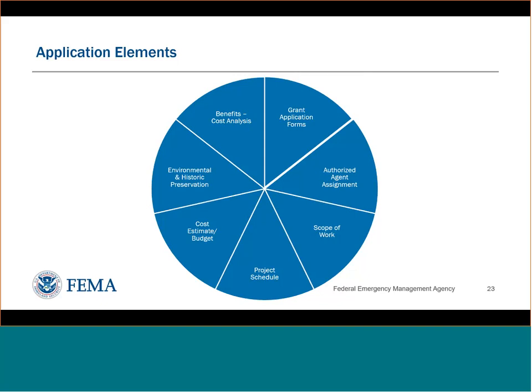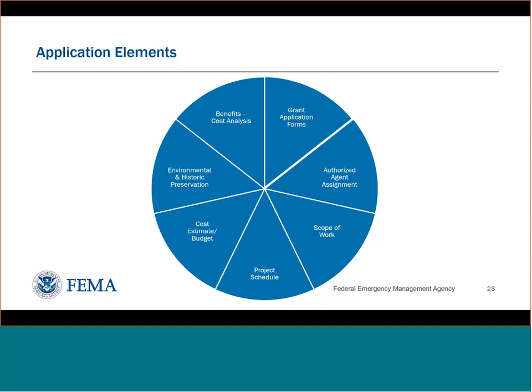You'll need to identify what we call an authorized agent. Now, this is the individual from your tribe, from your community, that represents you, is your main point of contact with FEMA, so that if we have questions about the project, this is the individual that we go to as the go-between for your project.